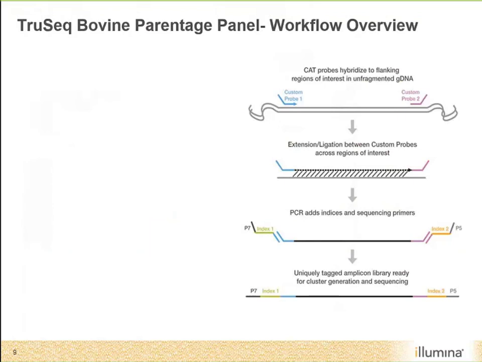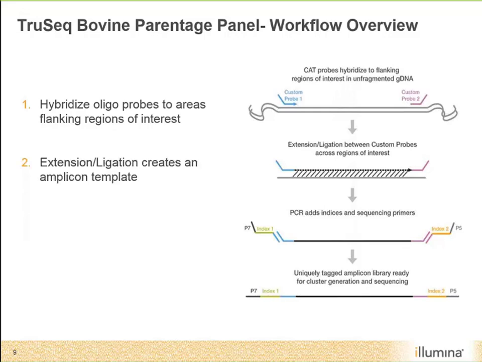I mentioned earlier that the TruSeq Bovine Parentage panel utilizes our very established TruSeq Custom Amplicon workflow. Here on the right, I have a brief overview of what the steps to generate a library using this workflow consist of. First, we hybridize oligo probes to the areas flanking the regions of interest, in this case, the SNPs that we're interested in targeting.